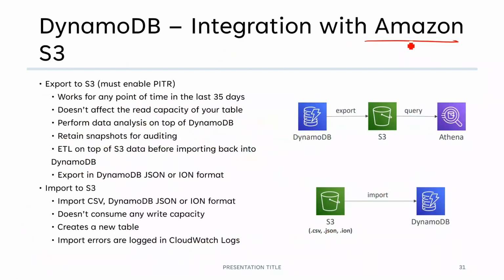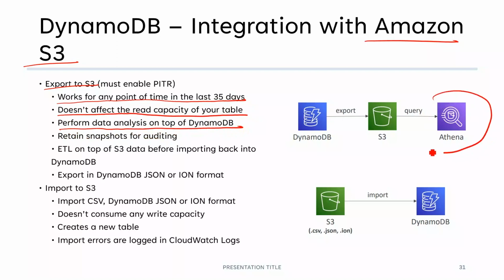Integration of DynamoDB with Amazon S3. Yes, it can be integrated with S3 also. So export to S3 means that you can export your data which is in your DynamoDB table to S3. Works for any point in time in the last 35 days. Doesn't affect the read capacity of your table. Perform data analysis on top of DynamoDB. There is a service known as Athena, and using Athena you can directly query S3 data in a bucket.